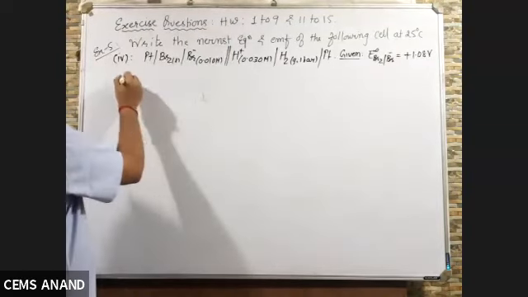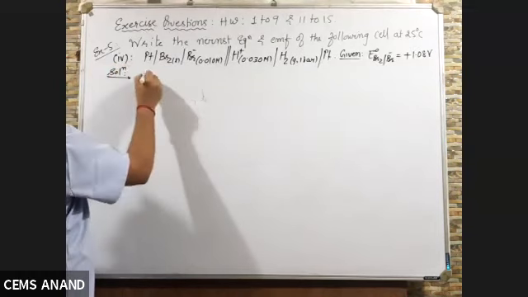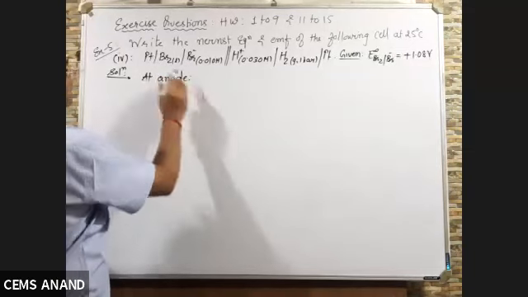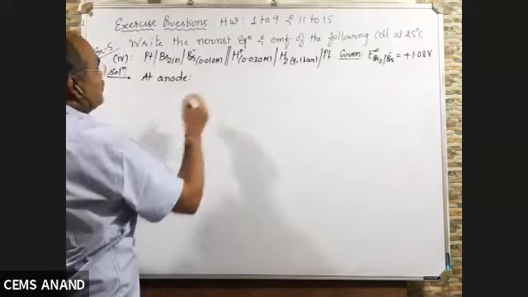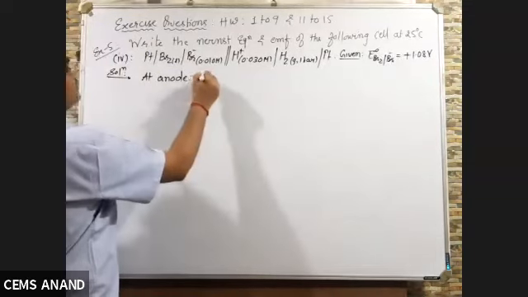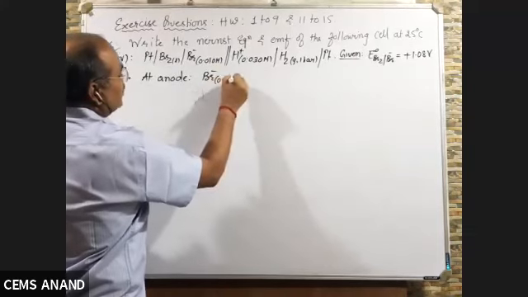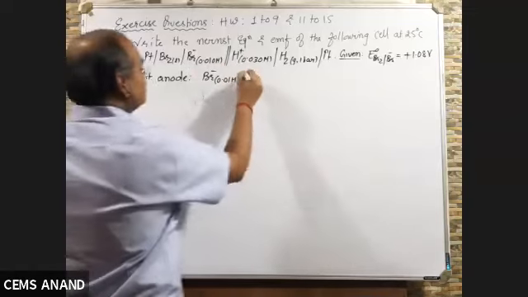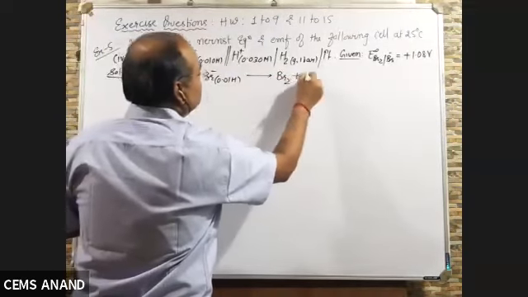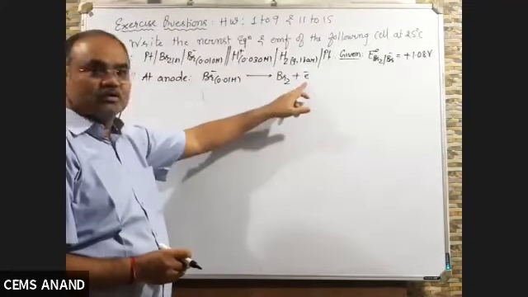Now, solution. First of all, write the reaction taking place at anode. At anode, bromine undergoes oxidation. So what reaction will you write? Br minus 0.01 molar loses electron and gets converted to Br2 plus electron. This is oxidation because loss of electron is called oxidation.